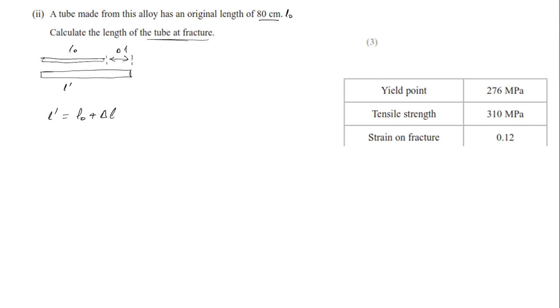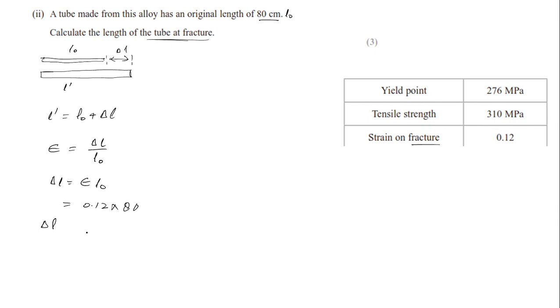So now you can say that strain on fracture is 0.12. This is all about fracture, and as per definition, strain is change in length per unit original length, because I use L naught for the original length. So delta L is equal to epsilon into L naught. Epsilon is 0.12 times 80.